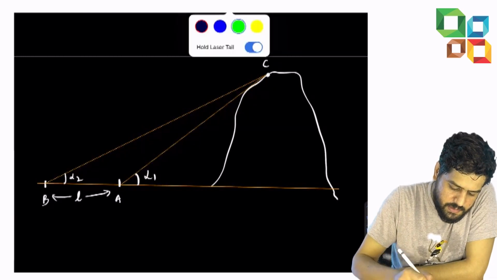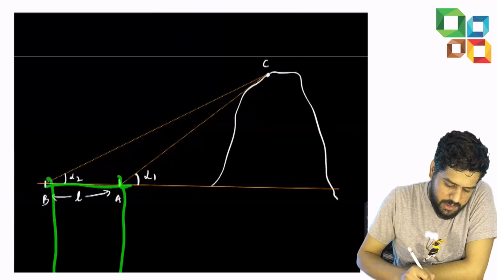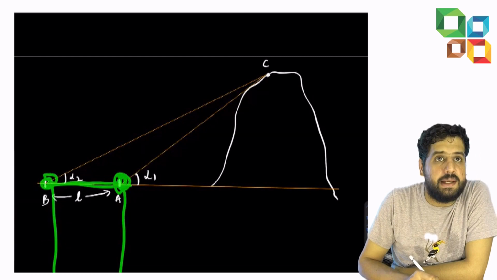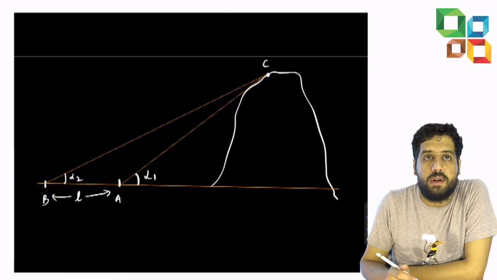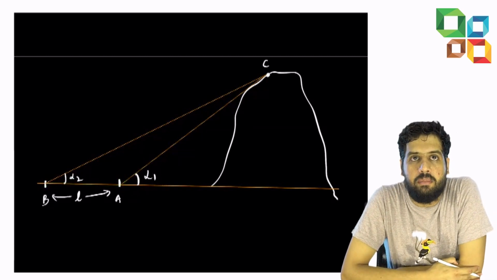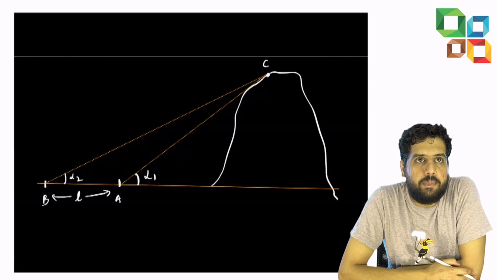Suppose you're on top of your apartment, you walk from one corner of the terrace to the other corner of the terrace. Or if you're on the ground, you just walk some 10 meters or 20 meters or whatever. Okay, fine.